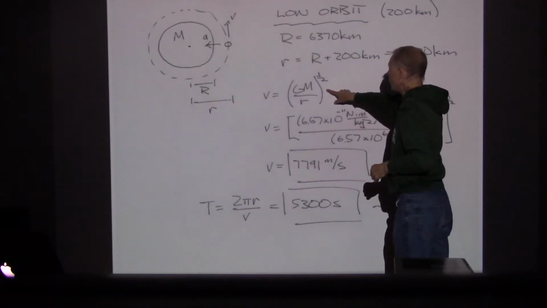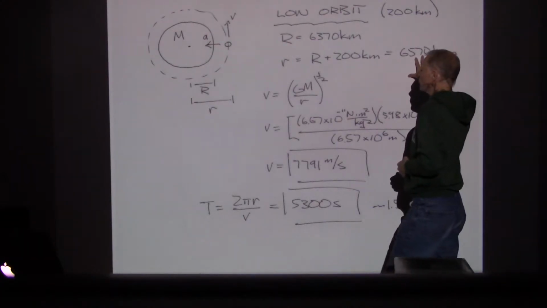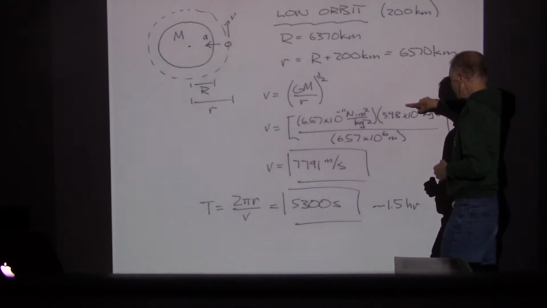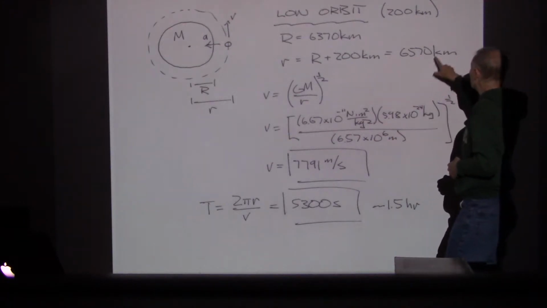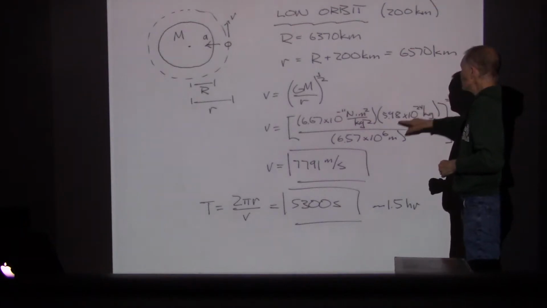Here was one of those circular orbital formulas we had derived. Now that I know the r value, I can plug into here. This is for orbiting Earth, so we'll put Earth's mass in here. Here's big G.